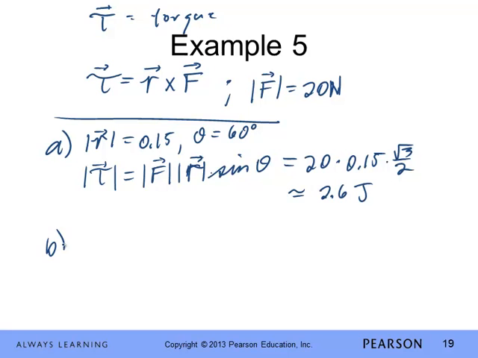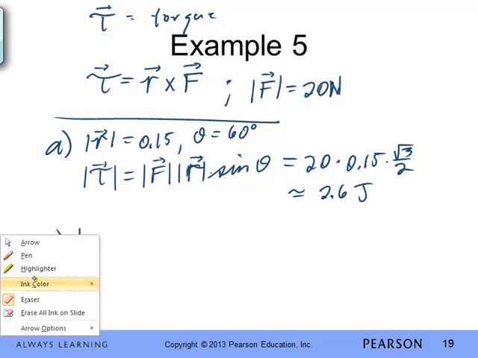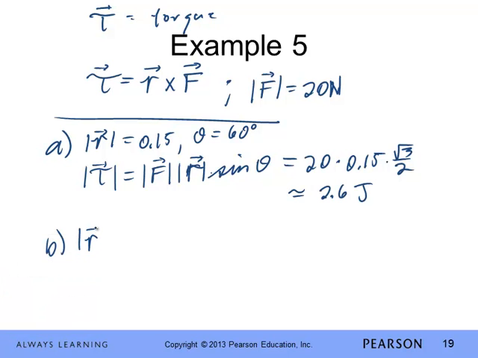B. Let's compute the magnitude of the torque for the second scenario, where the length of the lever is 0.25 meters, and the angle is 135 degrees.